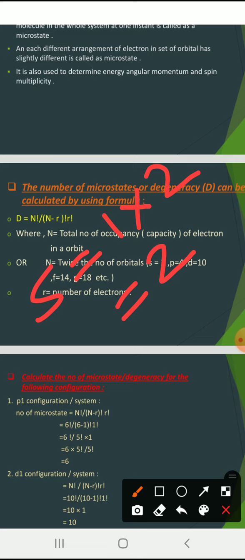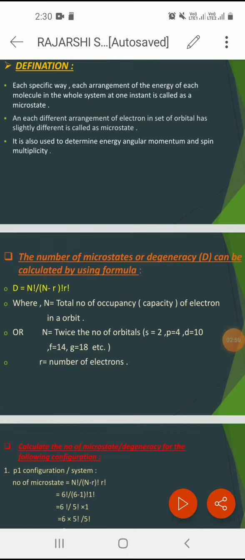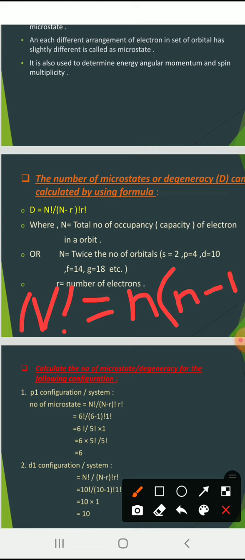For calculating microstates, capital N is nothing but 2, where small r is nothing but the number of electrons. Where n factorial is equal to small n into (n minus 1) into (n minus 2) up to 1.